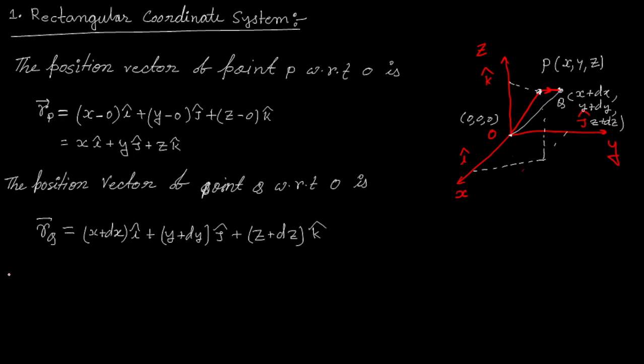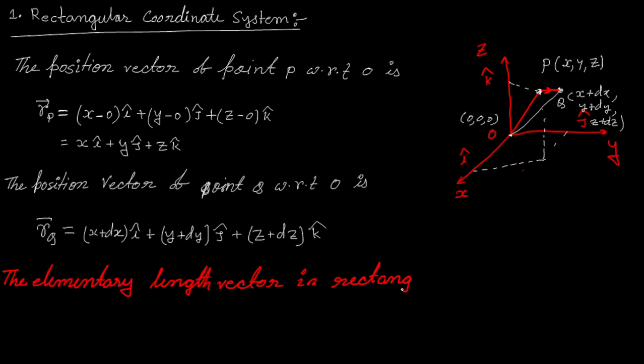So the elementary length vector in rectangular coordinate system can be written as, so usually we represent this elementary length vector as dl.